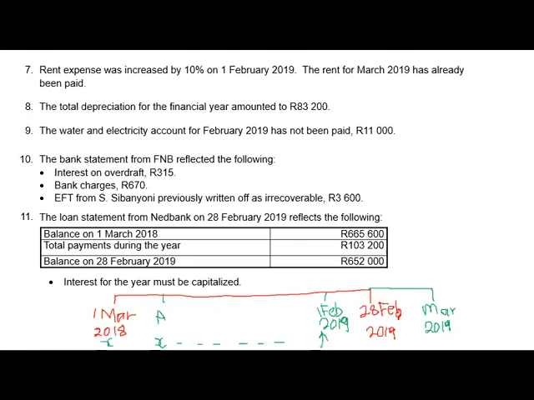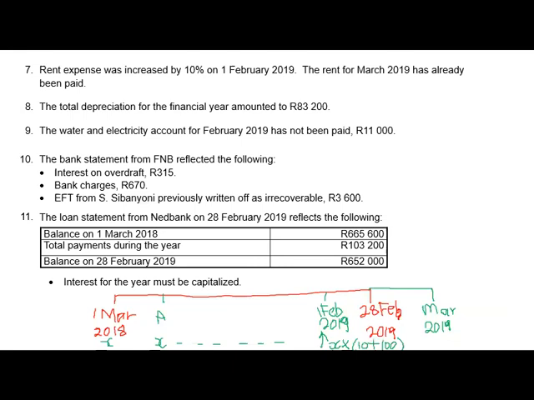From there, rent will be at an increased amount, which is 100 plus the percentage increase. Basically, we are increasing X by 10%, so X will now be 110% from the 1st of February.